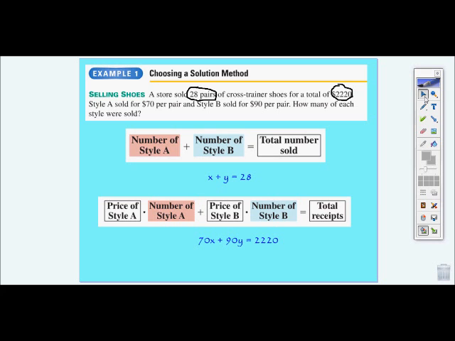We add that to the price of style B, which is $90 times y, our variable representing style B, and with the prices we get our total sales of $2,220.